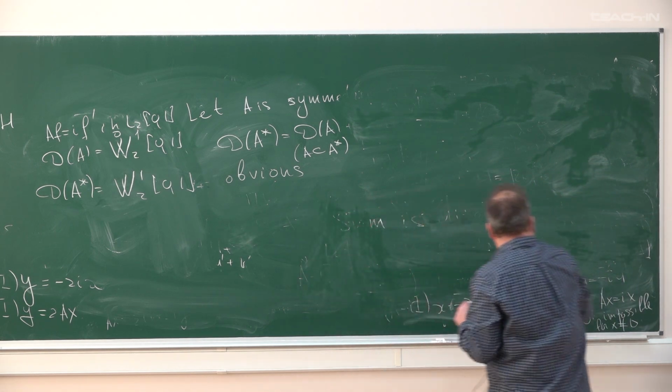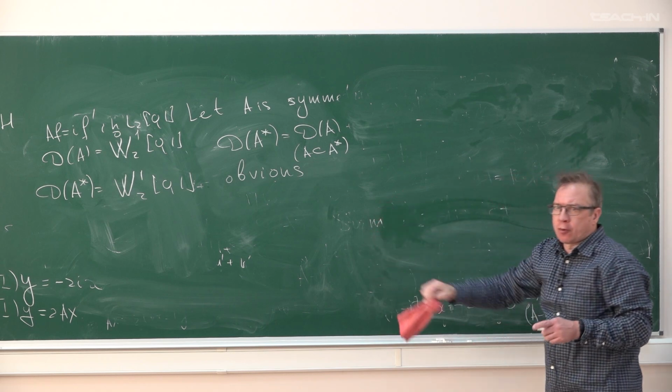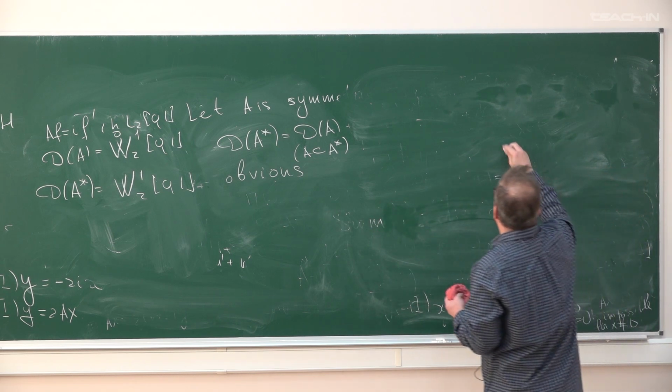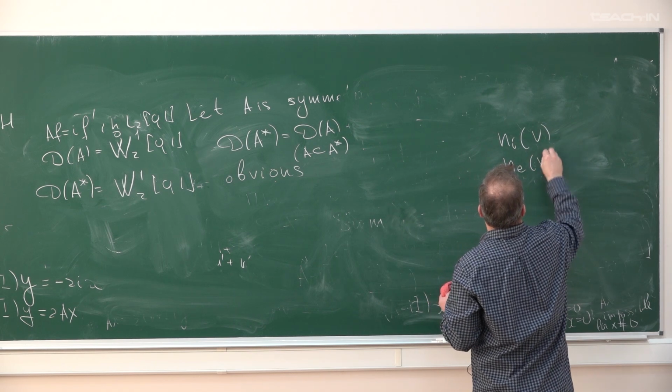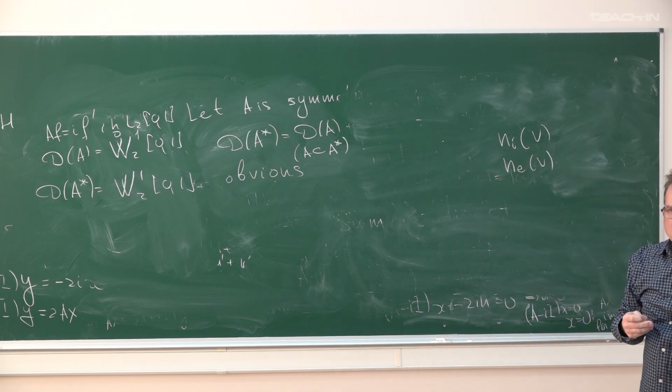Please look at what you wrote in the first part of my lecture. We have an interior number and an exterior number for isometry operators.